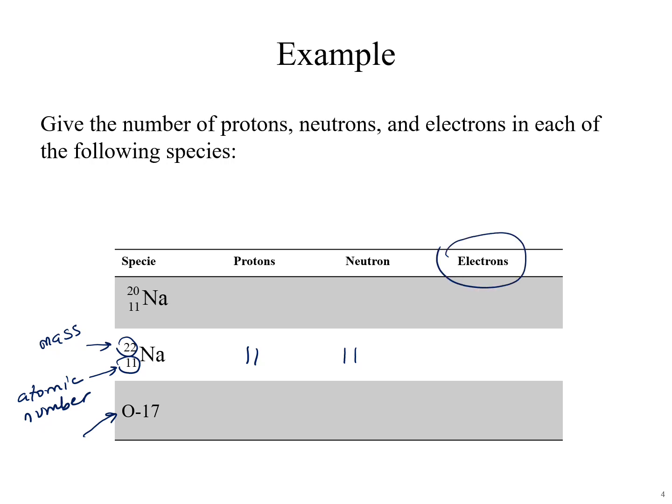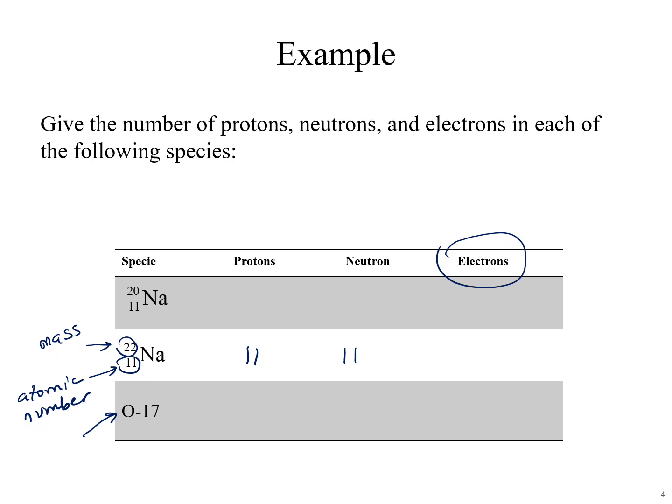Okay? When you have neutral atoms as they are represented on the periodic table, the atoms for the elements are neutral, and that means that you have the same number of protons and electrons. If each proton is representing a positive 1 charge and each electron is representing a negative 1 charge, right?